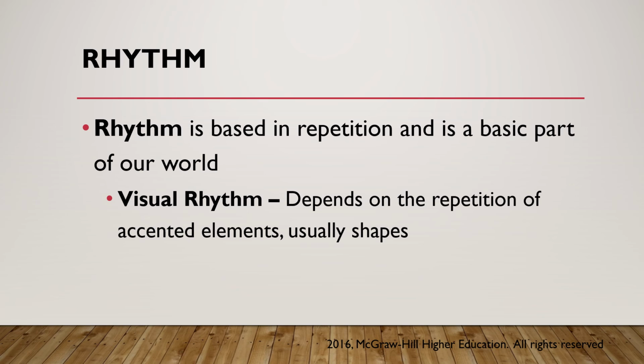You can also create rhythm with color. And so I actually think that pattern fits in here too, because patterns are also repetitions of accented elements. You did those since you were in kindergarten. You did square, circle, square, circle, square, circle, or red, blue, blue, red, blue, blue.